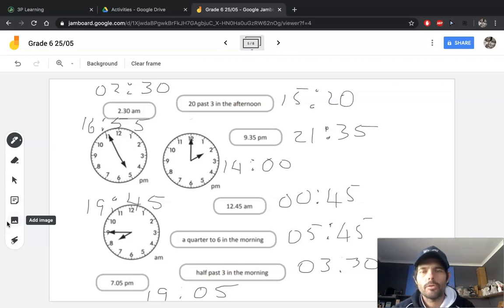So if you go around the screen and have a look and compare your answers, 20 past 3 in the afternoon is 15:20, 9:35 p.m. is 21:35.